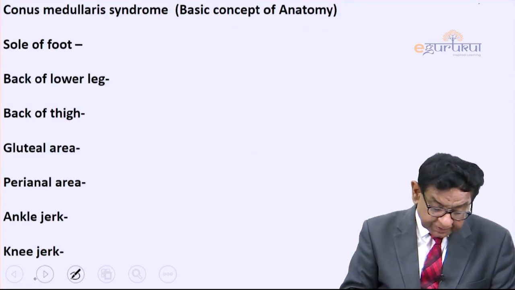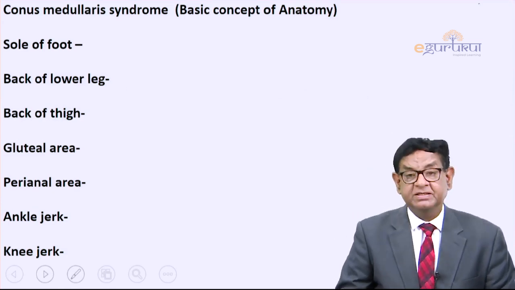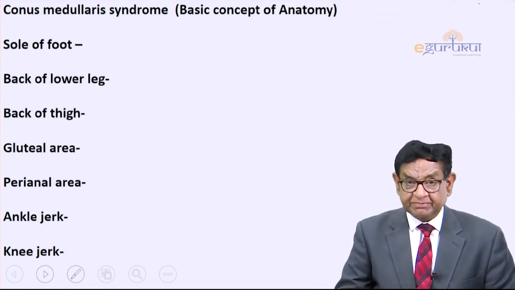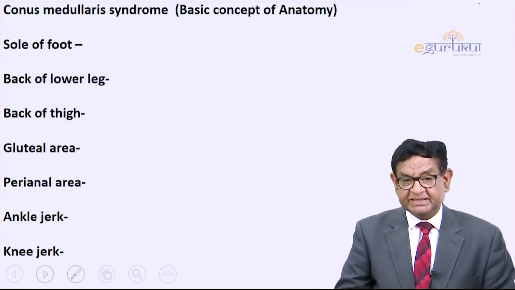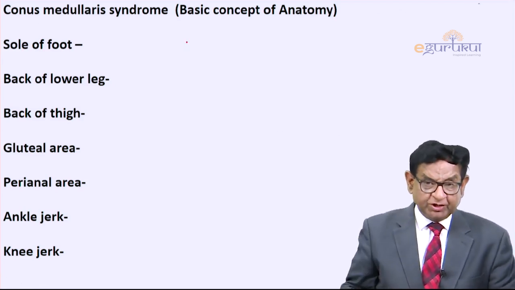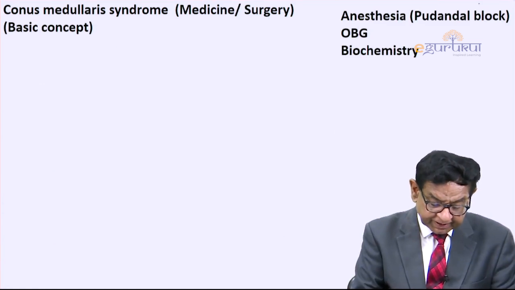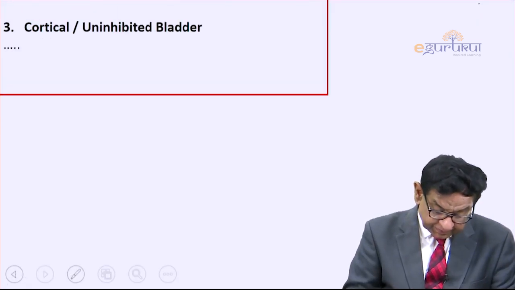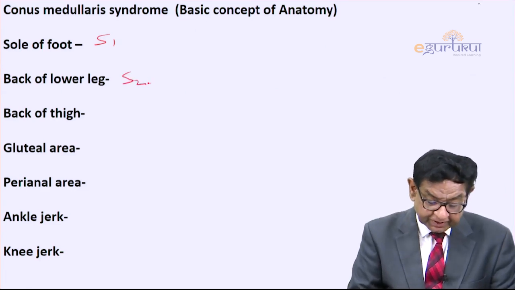Now, I'll talk to you regarding the medicine and surgery aspect of the disease, the so-called Conus medullaris syndrome. But before I discuss this, let me discuss some basic concepts about anatomy. You can imagine in your body also, sole of foot is supplied by S1 segment. And back of lower leg is supplied by S2.